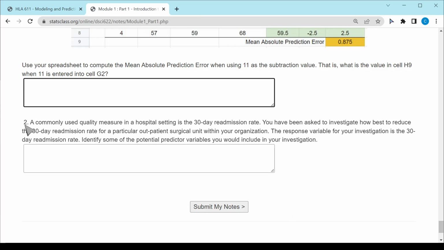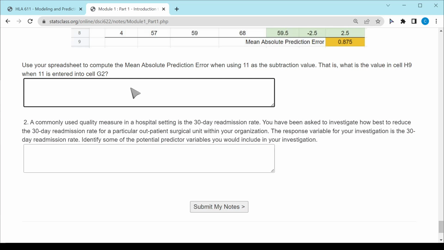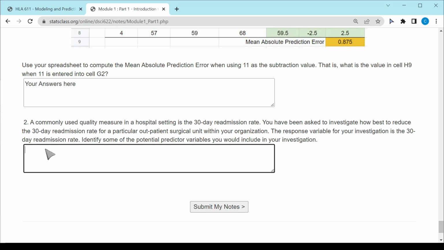The second one here just asks you to identify potential predictor variables that might be relevant in this investigation that is described here. So you can just put your answers here. Give me an answer for question number 2. And then say submit my notes.